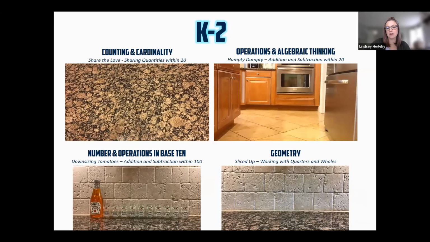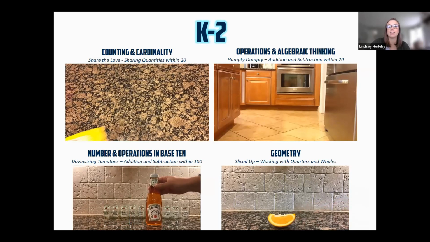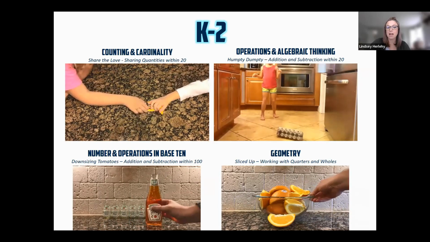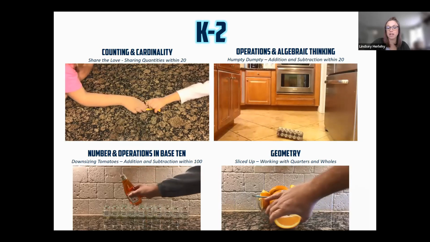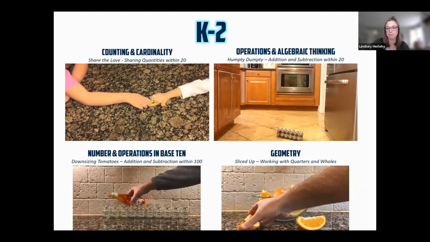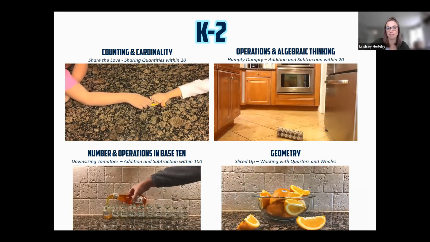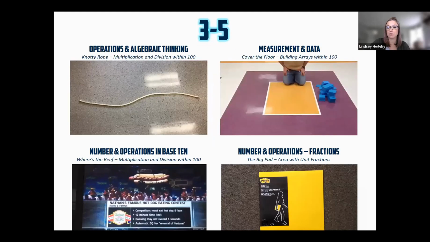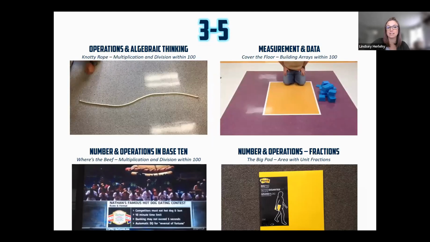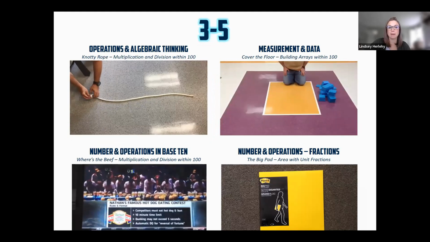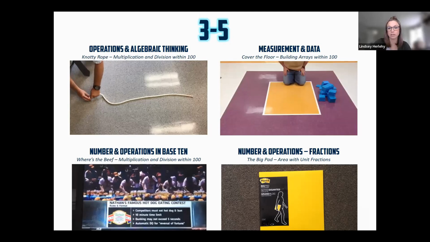And just to show you kind of what these are, here are some great K-2 ones that work on sharing quantities of 20, adding and subtracting within 20, adding and subtracting within 100, and then working with quarters and wholes. So starting to think about fractions in that geometry piece. And then for my 3rd through 5th grade teachers, here are some examples for you. The naughty rope looks at multiplication and division within 100.